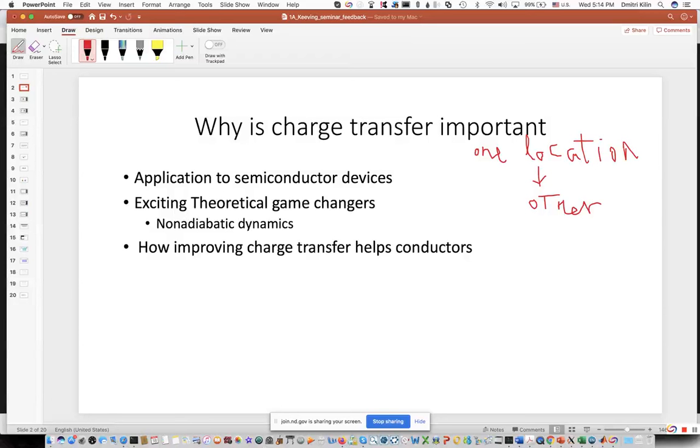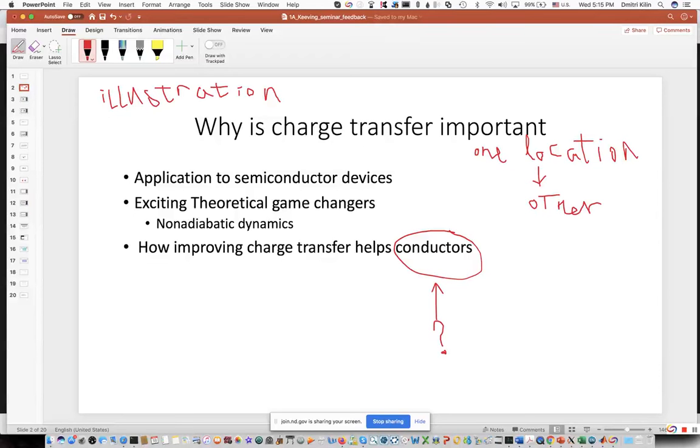Another reason is that studying charge transfer brings us into non-adiabatic dynamics. In the regular adiabatic approach, where you have the nuclear states and the electron with its electronic states, we're assuming that the nuclear state has no effect whatsoever on the electronic states or the expectation values from quantum mechanics.